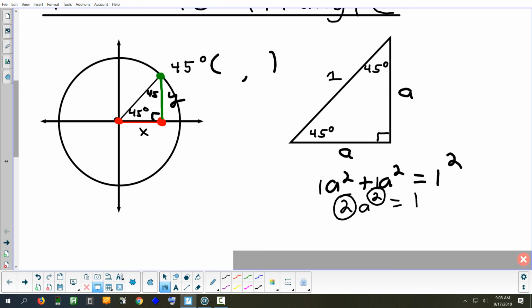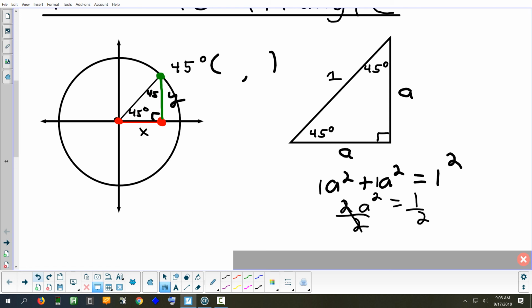So multiply by 2 on the other side. Close. I like the idea of working with the 2, but if you multiply by 2 on each side, then you would have 4A squared equals 2. Divide by 2. Yeah, let's divide by 2 on each side. All right, so divide by 2, divide by 2. Now that's gone.